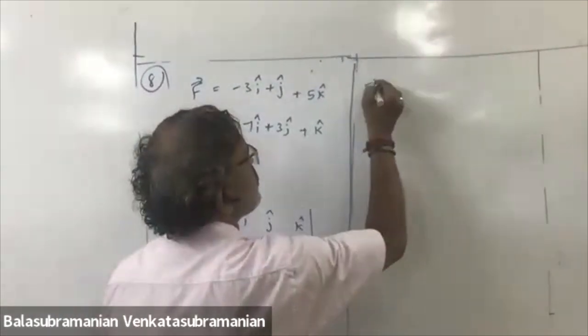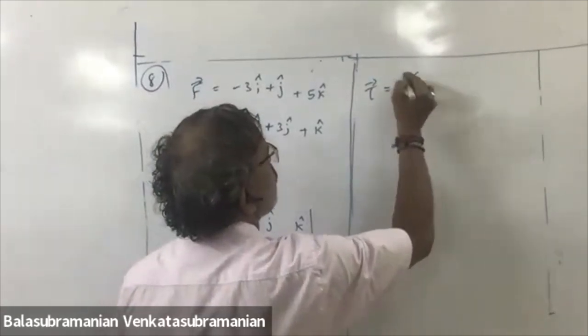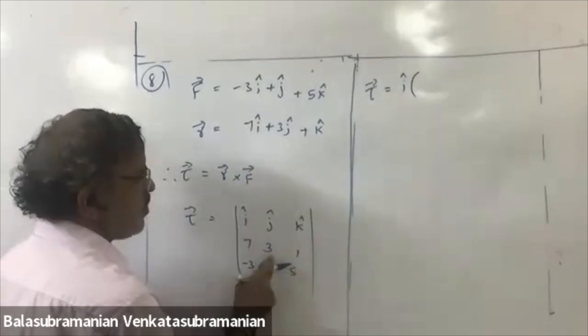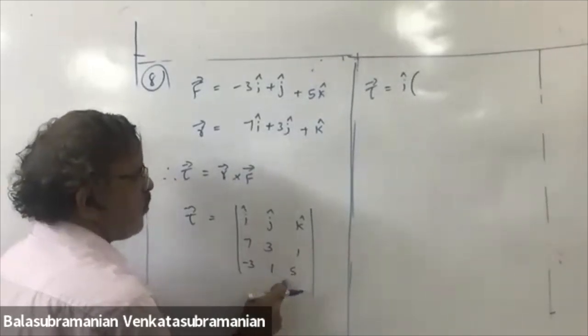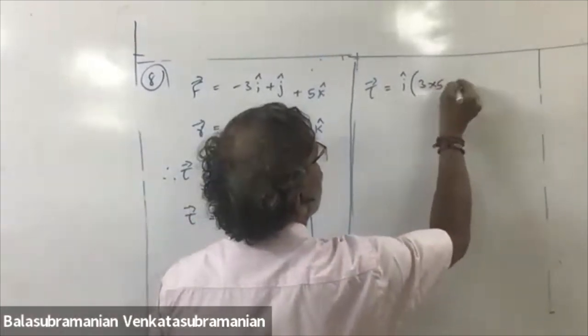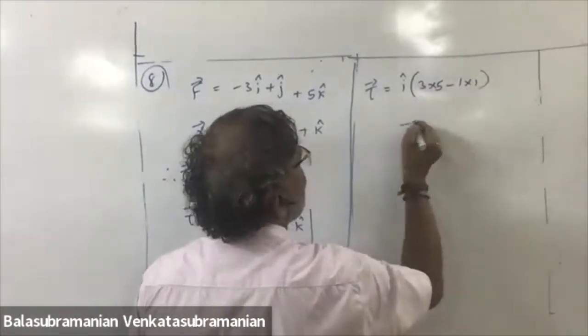So torque is equal to i into, this column, this row you leave it, cross multiply: 3 into 5 minus 1 into 1.